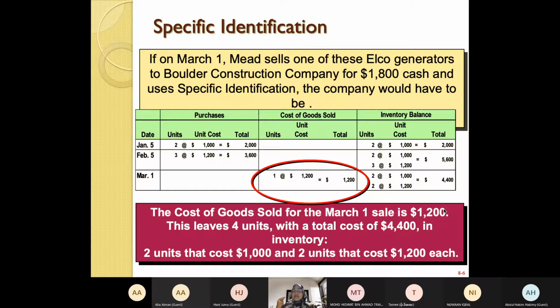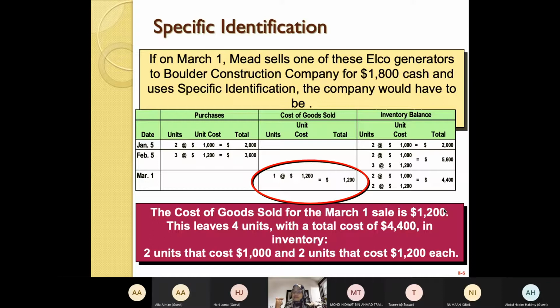So it's clearly specific that the goods you sell is the one that costs you 1,200. So after the sales, the balance you have is 2 units at 1,000 and another 2 units at 1,200. What's the difference between February 5th and March 1st?